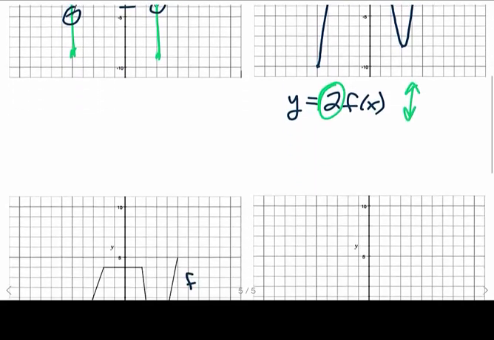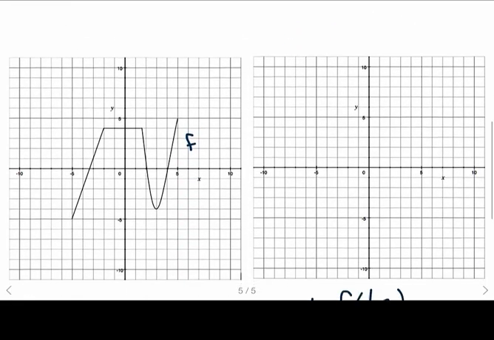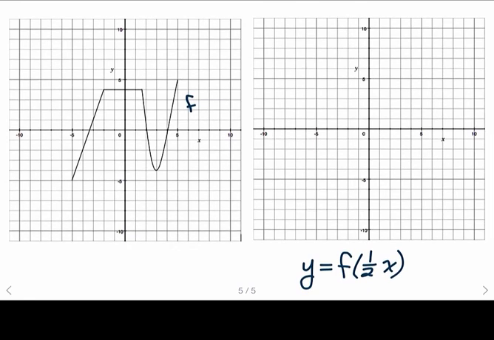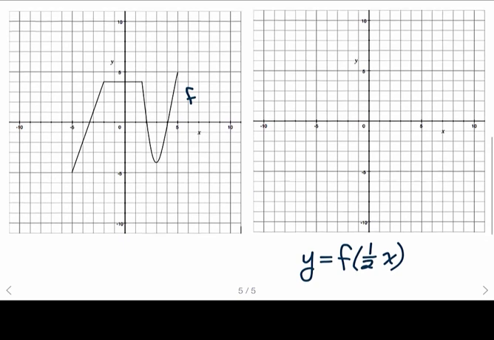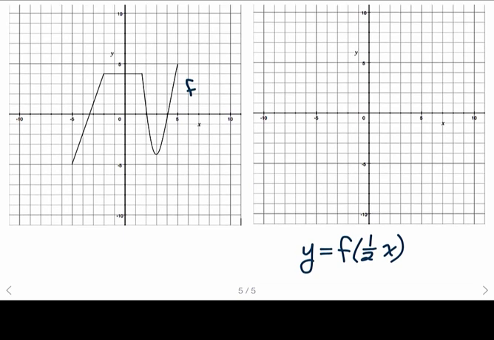Finally, I know you're probably thrilled to hear the word finally. Same starting graph, and we're going to graph y equals f of 1/2 x. We may recall that the 1/2 inside of the argument is going to be a horizontal something or other, and if we remember that it's counterintuitive, then we can remember it's a horizontal stretch. The way I'm going to think of this is the original function goes from -5 to 5, that's the domain of that function.